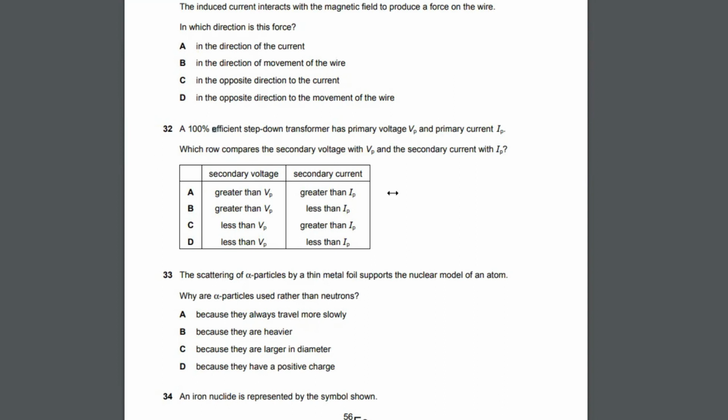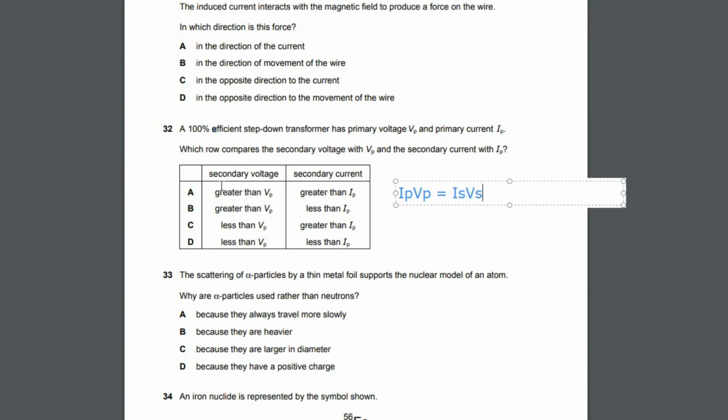And the formula for power linking the primary coil and secondary coil is IP VP is equal to IS VS. Primary voltage times primary current is equal to secondary voltage times secondary current, because primary power will be equal to secondary power because it is 100% efficient.